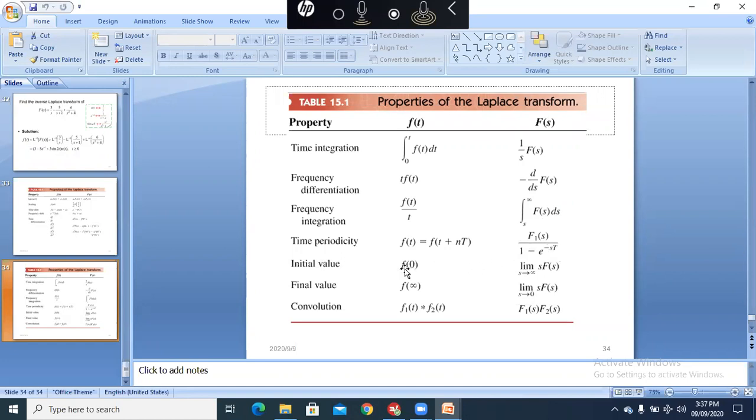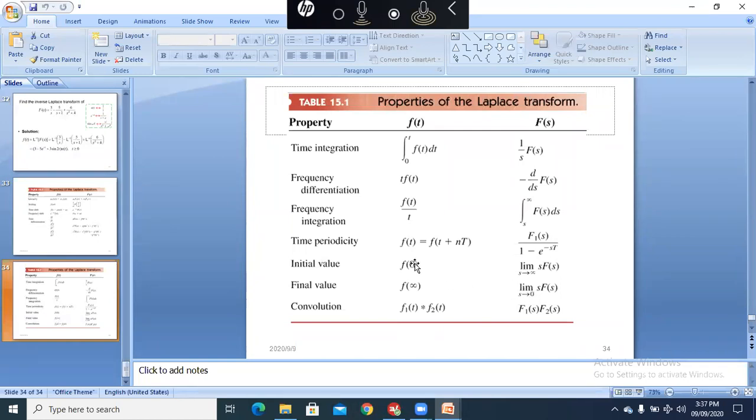Also we can find the initial value and the final value of f of t with the help of F of s. For the initial value, we take s F of s as s approaches infinity, and for the final value, s approaches 0.